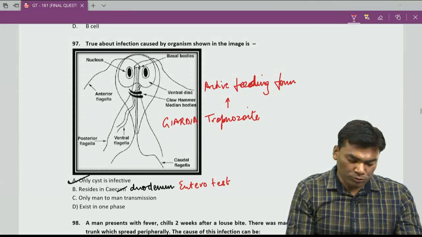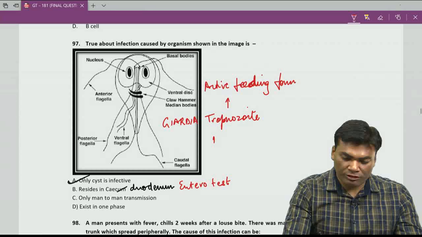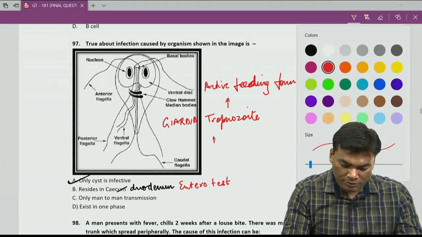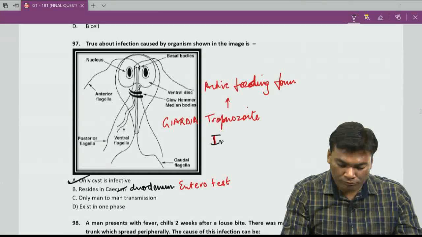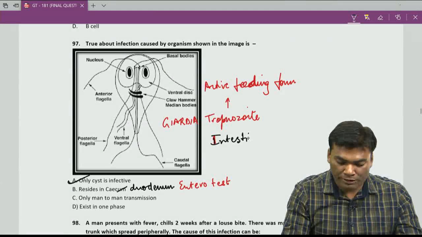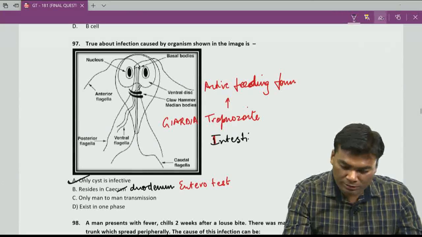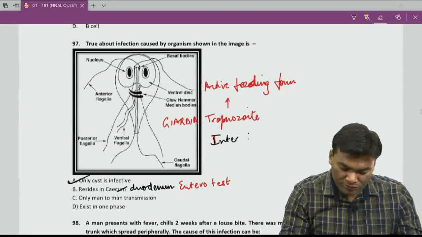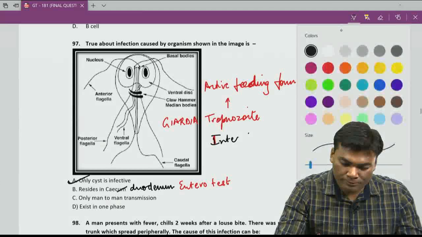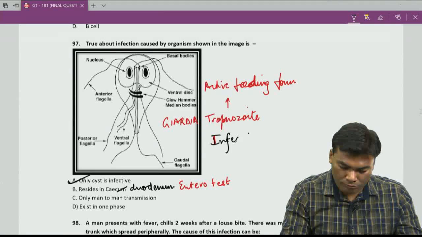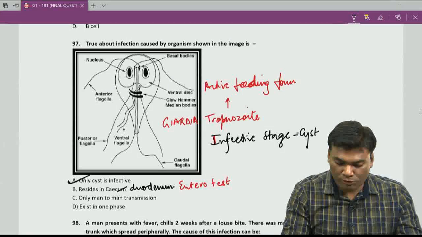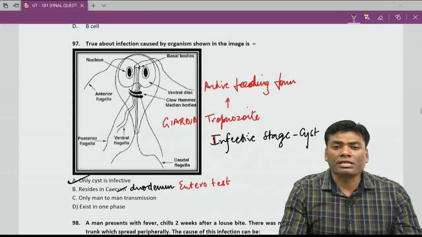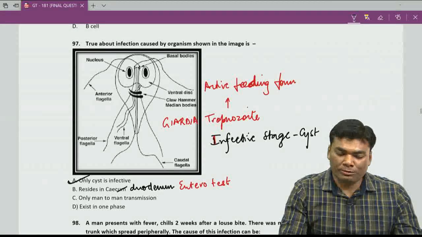So the infective stage in parasites, which have to cross the pH barrier in the stomach, will be a cyst, because a cyst will be able to withstand the high acidity and the low pH of the stomach.